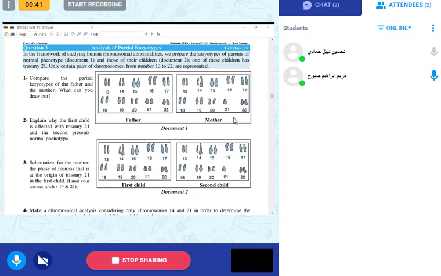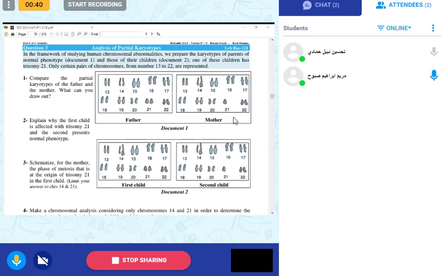What can we say? Does the longer 14 compensate for the missing 21? No, this 14 is longer because it has an extra piece. This extra piece could be what? Could be the chromosome 21 missing. Yes, the missing chromosome 21 is attached to 14.